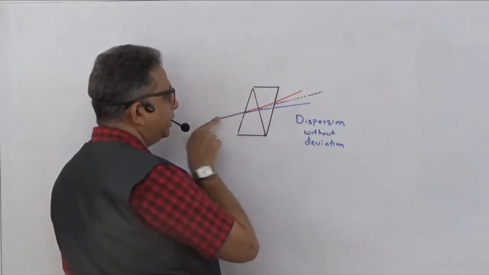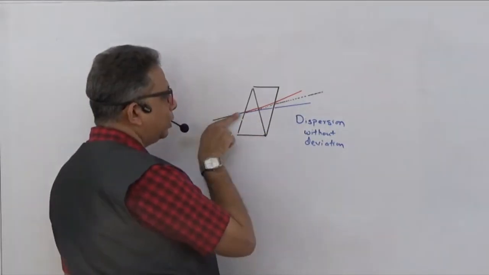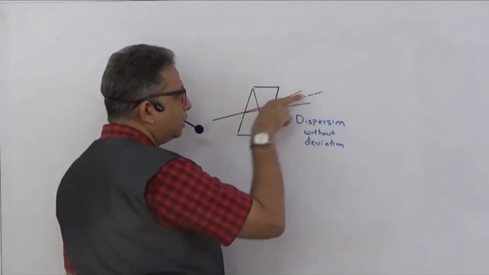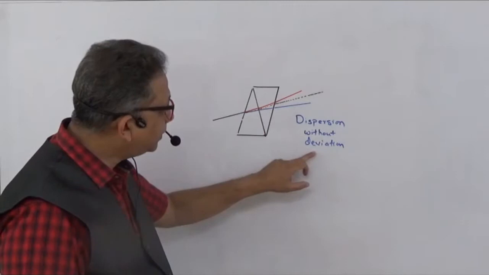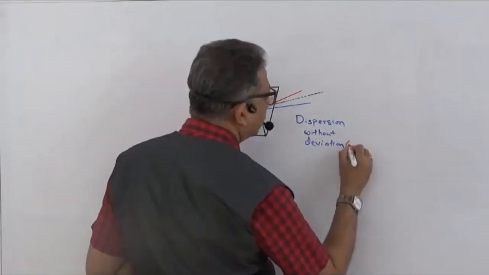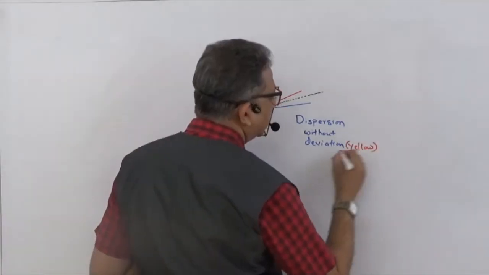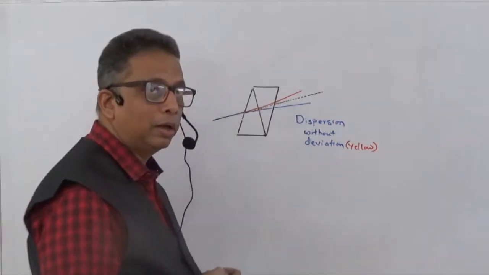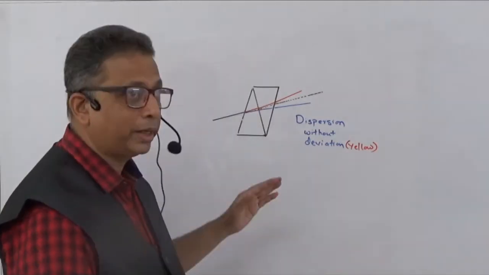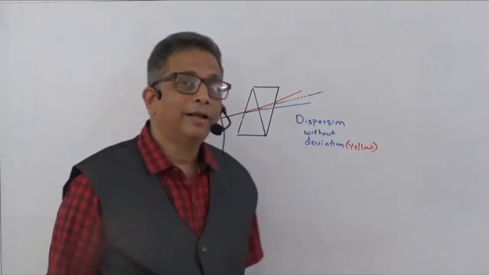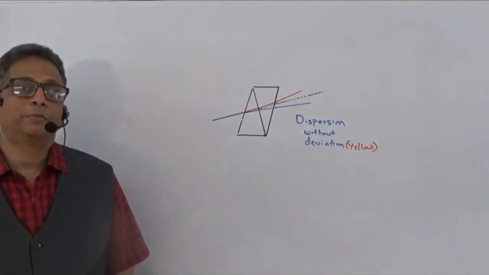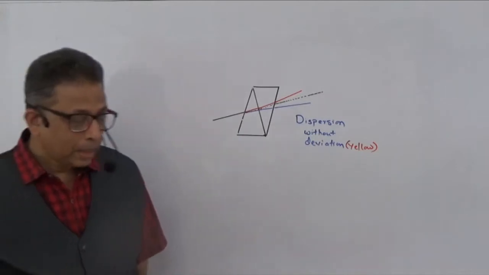Just imagine there is a yellow color and it is going straight. The mean color is not getting deviated. This is without deviation with reference to your yellow ray, a yellow monochromatic ray. So it is the yellow ray which is not getting deviated, and hence this is called dispersion without deviation.